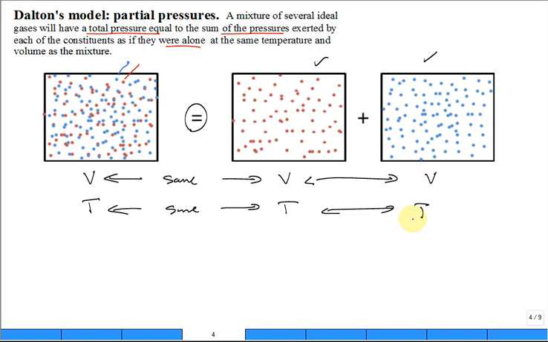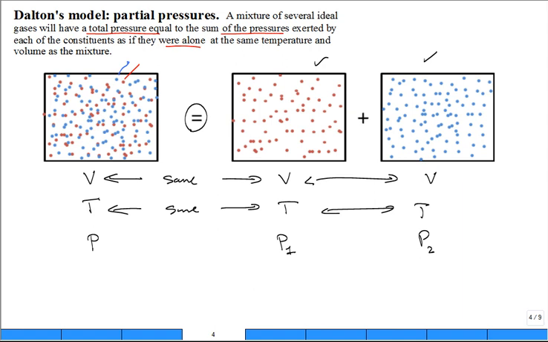And what we find is that the pressure of the original system containing both components is related to the pressure of the one component, let's call it 1, and the pressure of the second component.